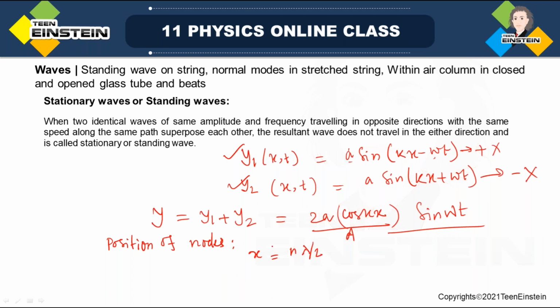Similarly, when this is maximum, there we will get antinodes. From there we can find the condition, or positions, of antinodes.